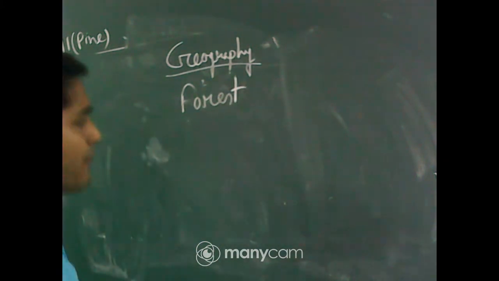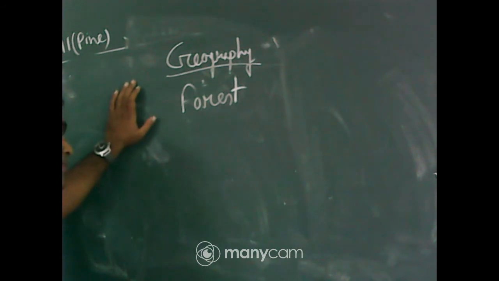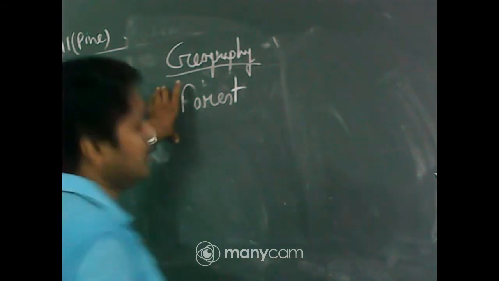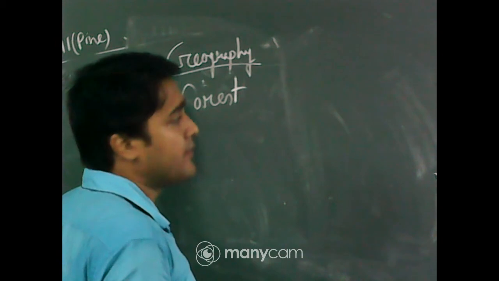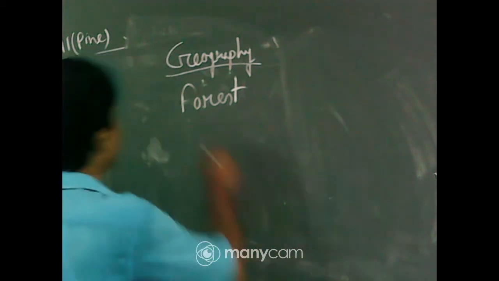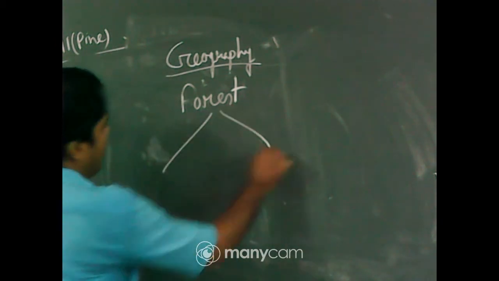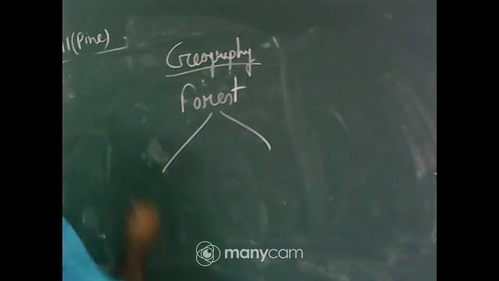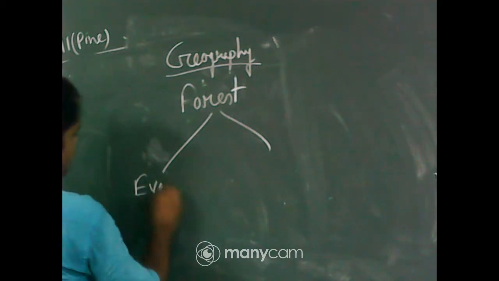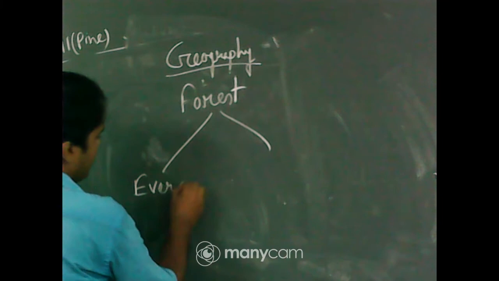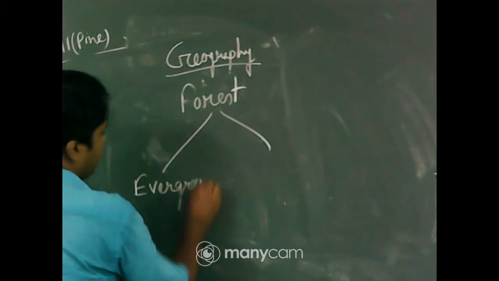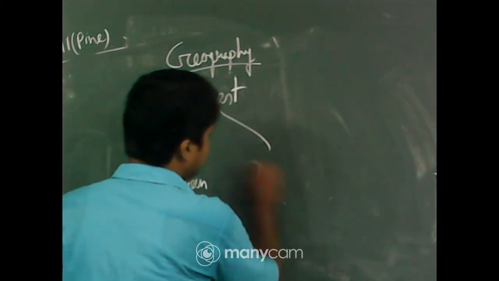So forests are found where those regions receive a sufficient amount of rainfall and temperature is also sufficient. That's why it is very important that forests are classified into two parts: evergreen and deciduous.